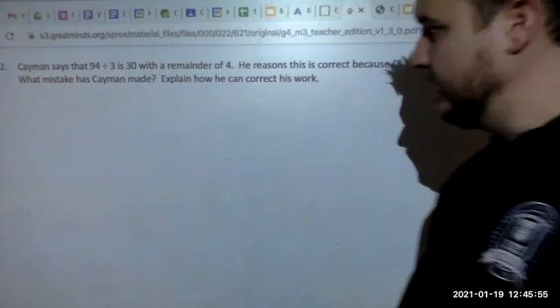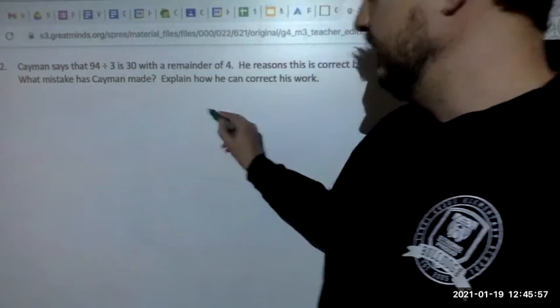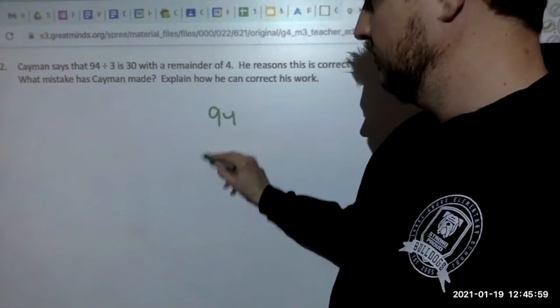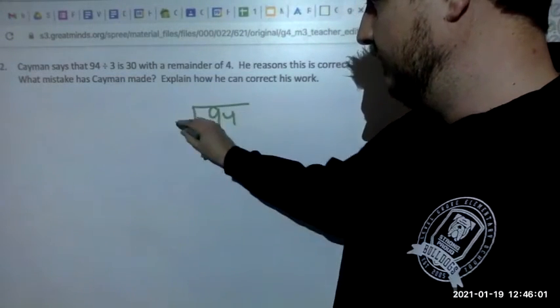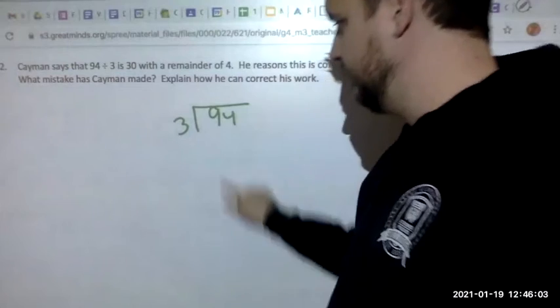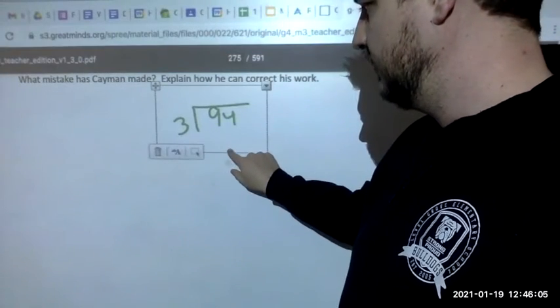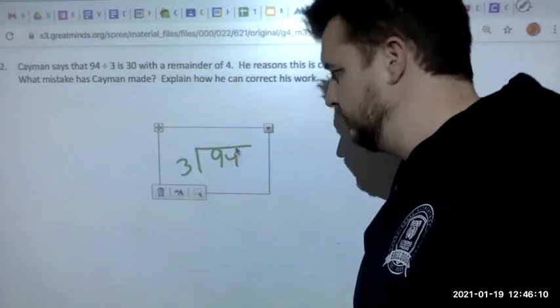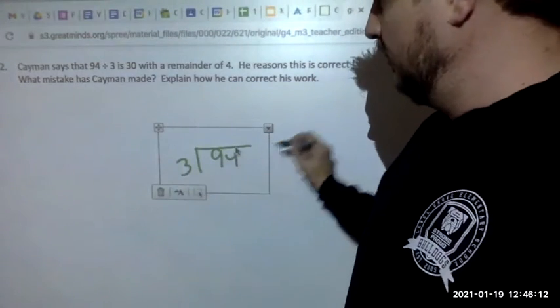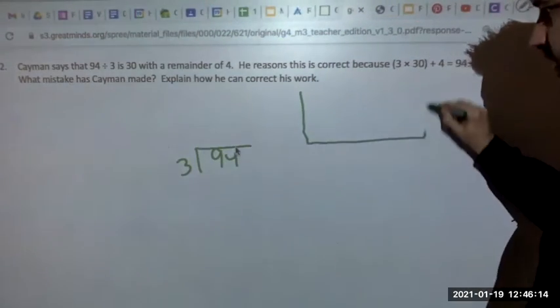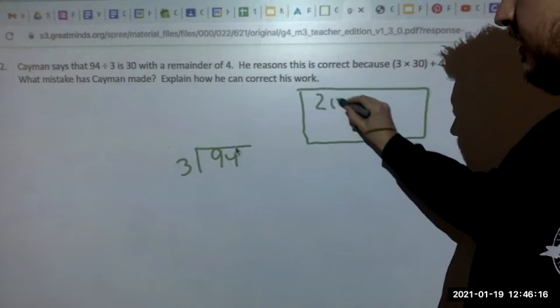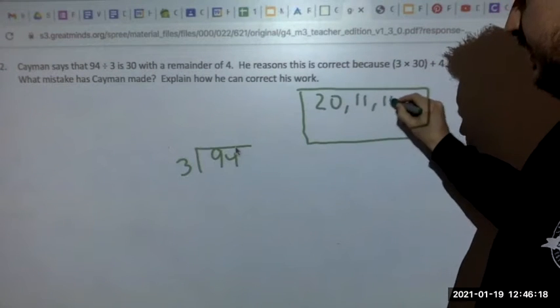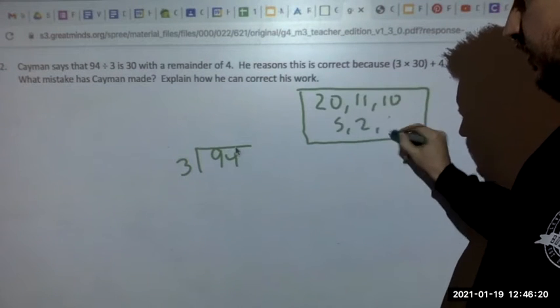All right, so K-Man, we're going to set it up. We got 94 divided by 3. I'll give myself a little more space to work. Remember, always give yourself some space to work. All right, so we're going to come up with a friendly list over here. 20, 11, 10, 5, 2, 1.